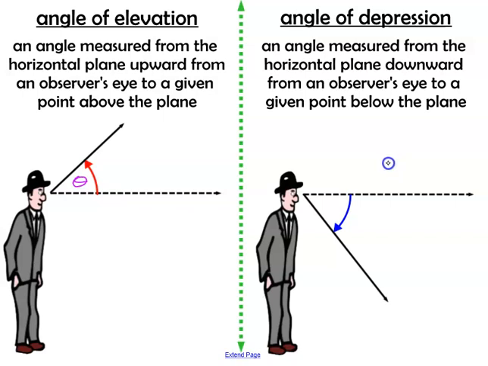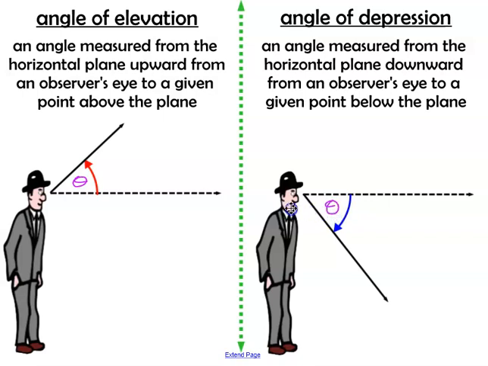When we talk about an angle of depression, it's an angle measured from the horizontal plane downward from an observer's eye to a given point below the plane. So again, we're going to start out with that horizontal line, and this time we're going to depress that line downwards, and then this is the angle of depression that is created here.